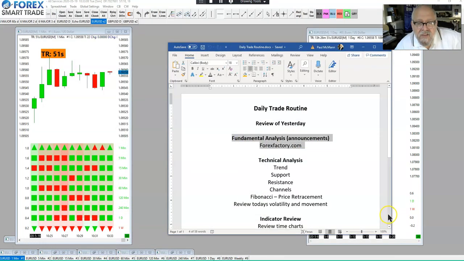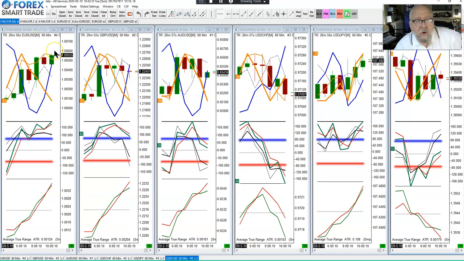Next item is I like to check the news, and actually one of the things I do before we even get to this point is I always check to make sure I'm connected to the internet. I do that by seeing that we're green up here on the top left corner, and then I also check that I've got a live chart, that it's green down in this right hand corner.